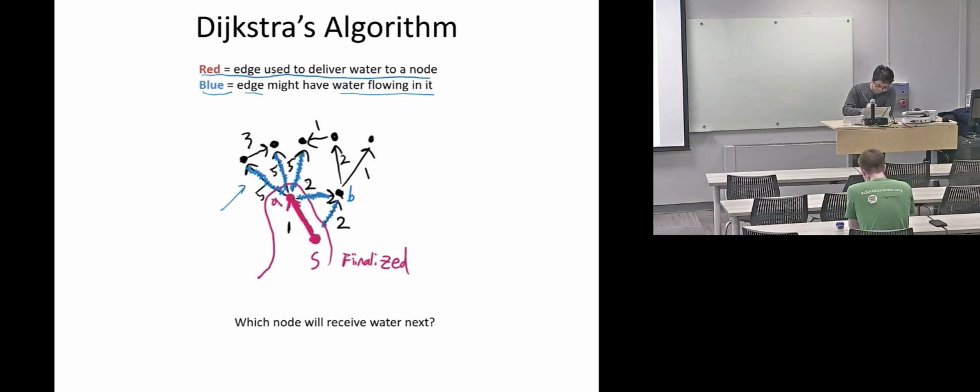Basically, this node is finalized, and the nodes at the ends of the blue edges are candidates to be finalized. If we want to discretize this process, we just need to ask: who is the next node to be finalized among the nodes incident to blue edges? Who is the next node whose distance is finalized? So what would be the next node in this case?